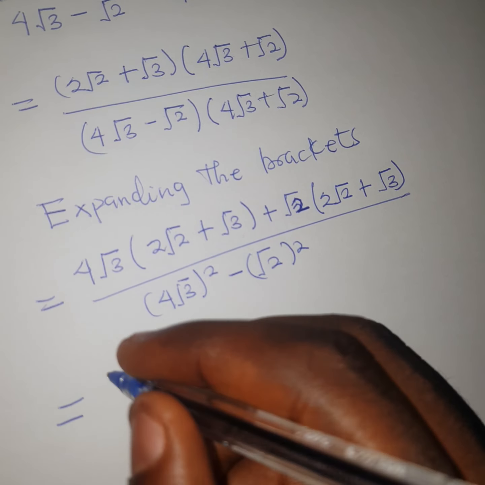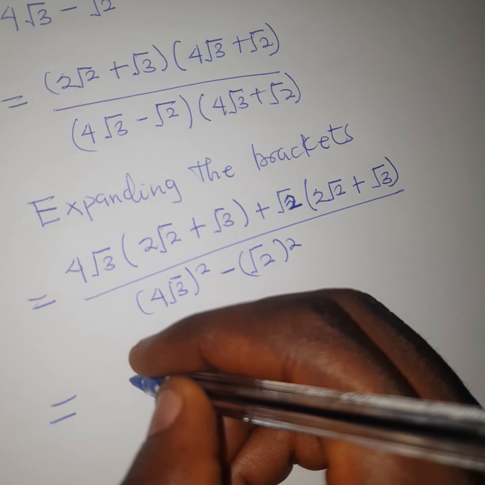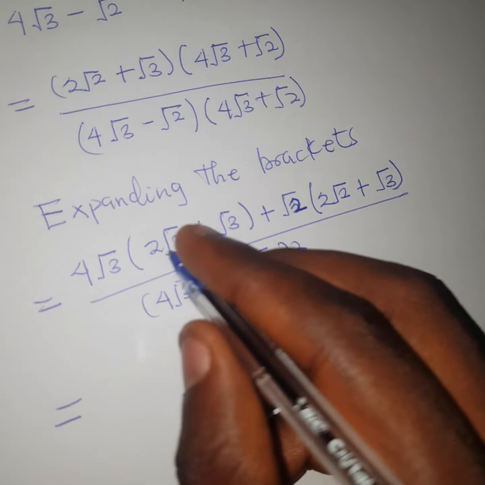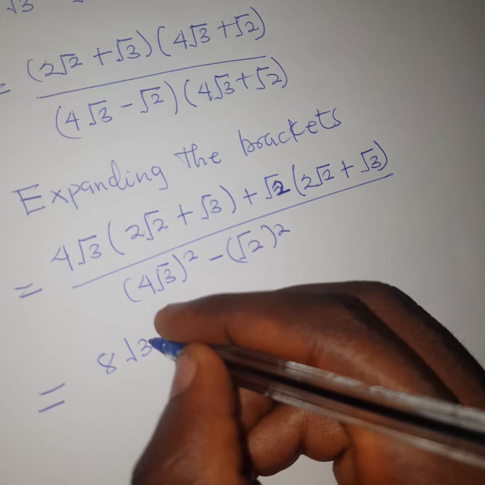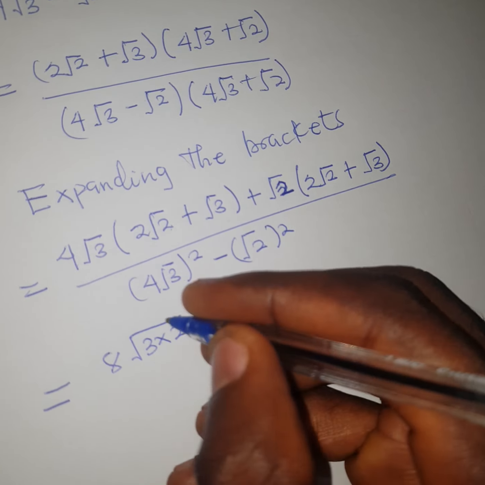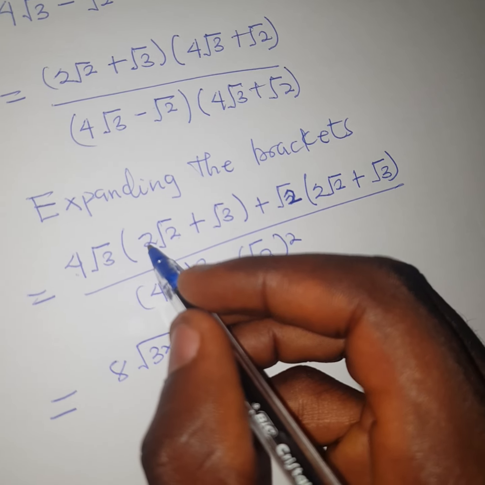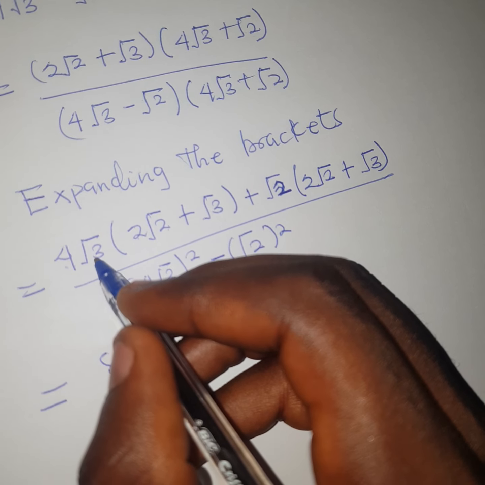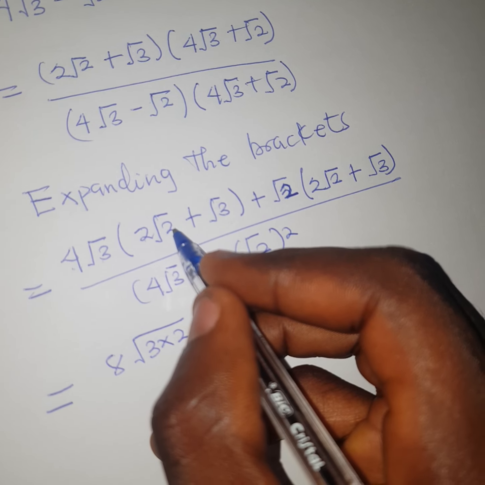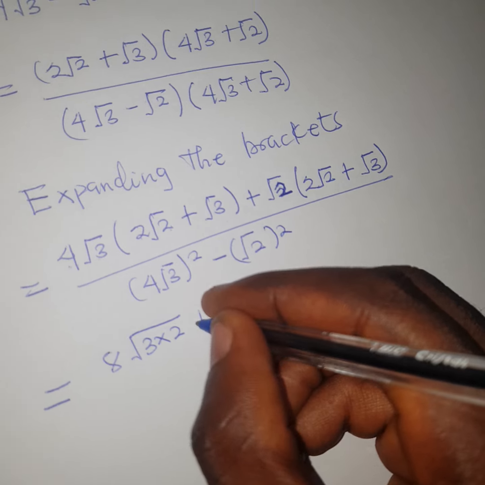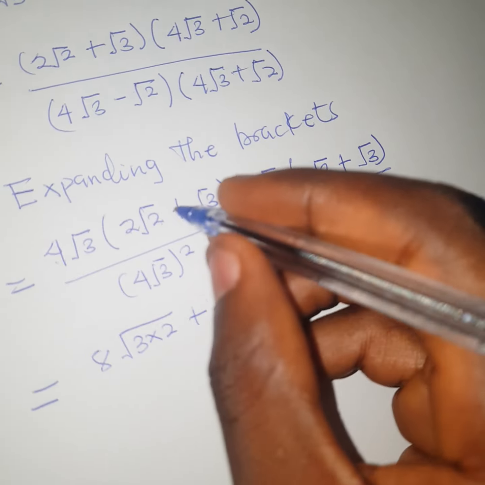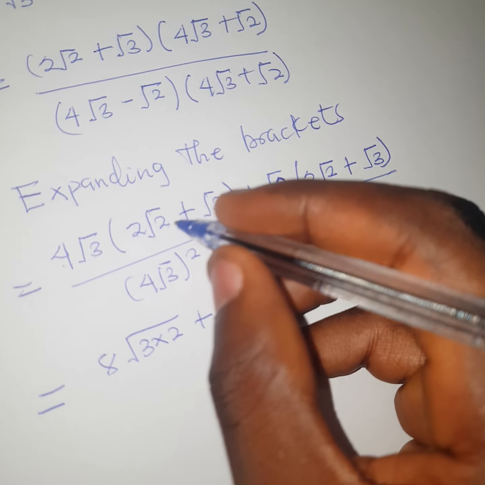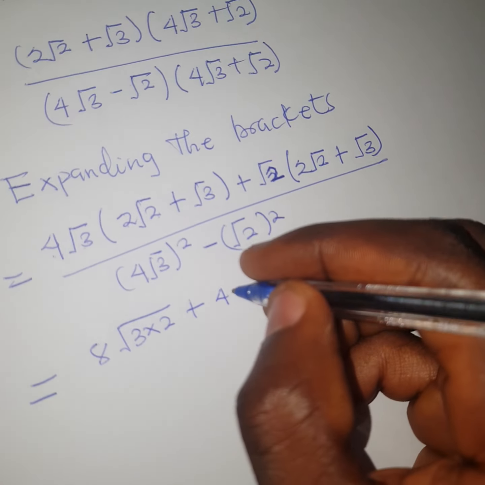When you expand, you are going to get this multiplied by this, you get 8 root 3 multiplied by 2. So the coefficient multiplied by the coefficient, and then the one under the root sign multiplied by the one under the root sign, plus 4 times 1, this has a coefficient of 1, this times this, which will be 9.